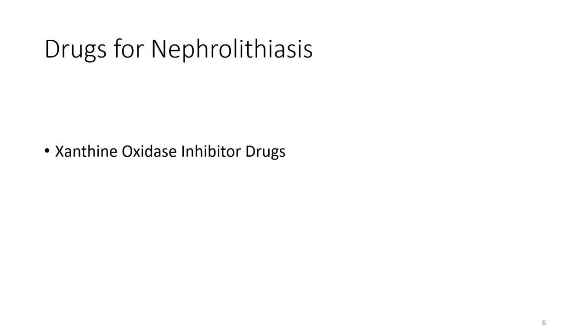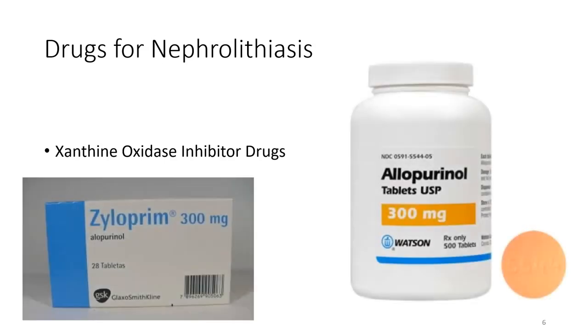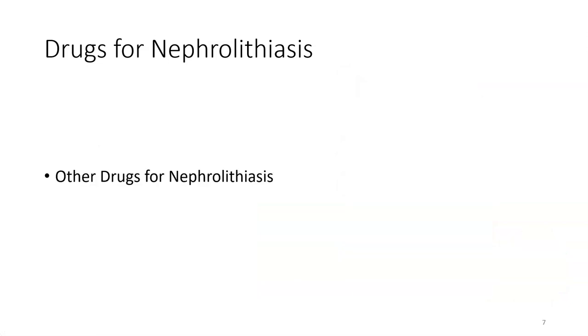These drugs are used to prevent uric acid and kidney stones. We also use this in treating gout. So xanthine oxidase inhibitors include the drug allopurinol, which is available by the brand names Xyloprim and Aloprim. So not only do we use them for kidney stones, but we also use it in treating gout.